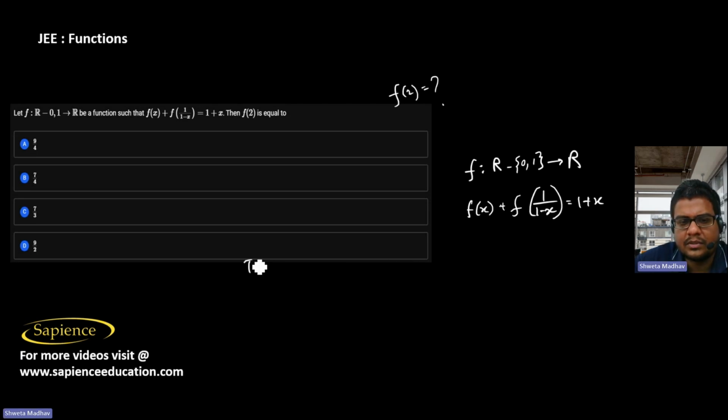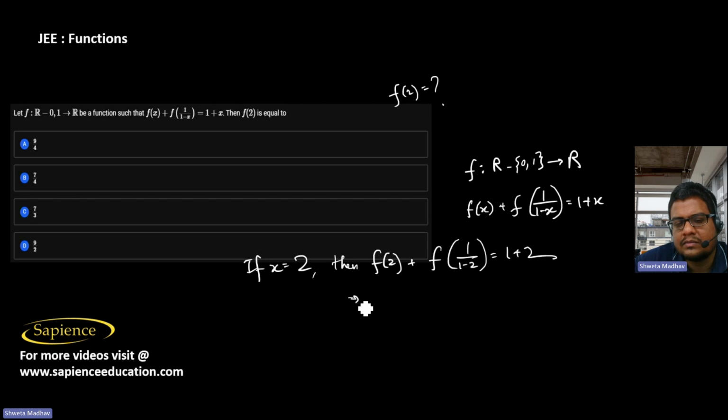So now if I put x equal to 2, suppose, then we will get f of 2 plus f of 1 by 1 minus 2, that is equal to 1 plus 2. So f of 2 plus f of minus 1 is equal to 3.